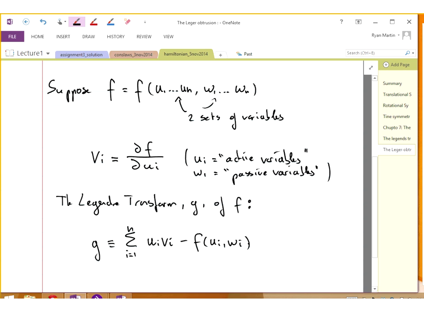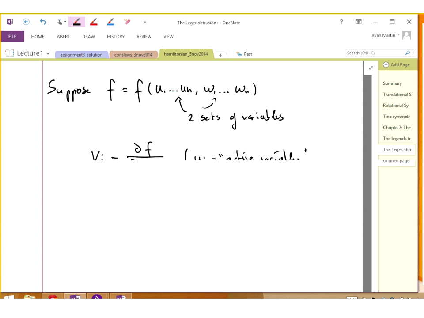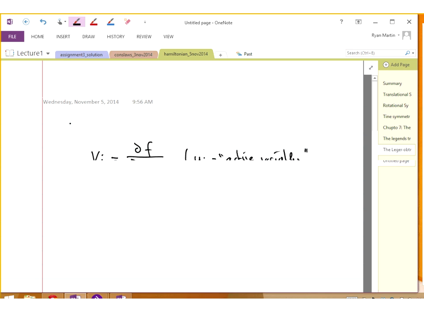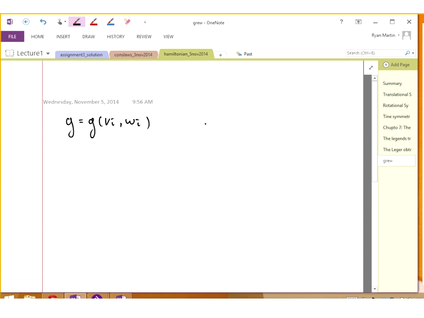And just to be explicit, the f depends on the ui and the wi. So again, I'm going to make the same claim, that G actually only depends on the vi and the wi. So G does not depend on the ui. And so we'll do exactly the same proof.